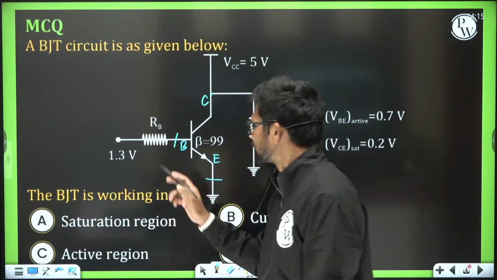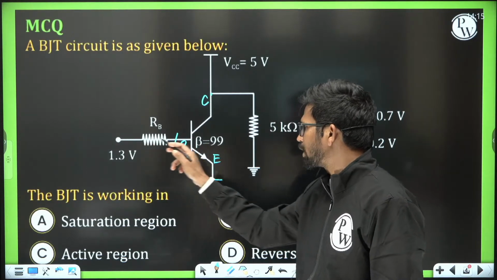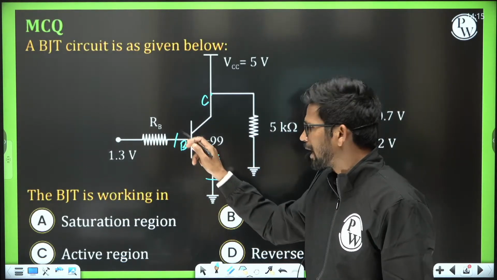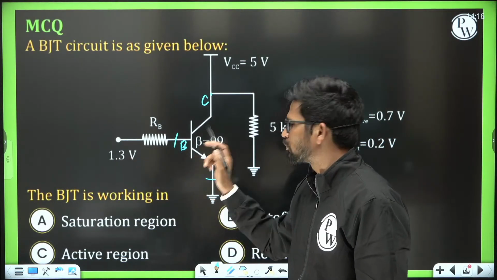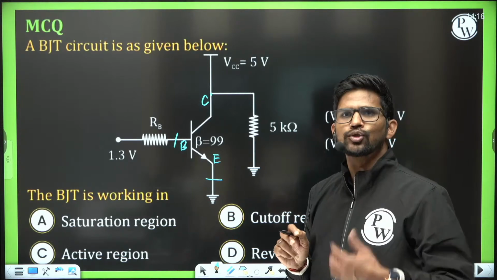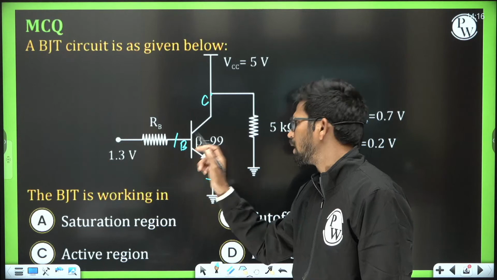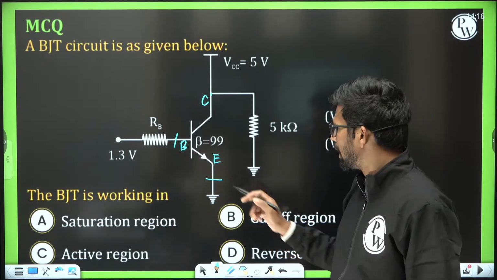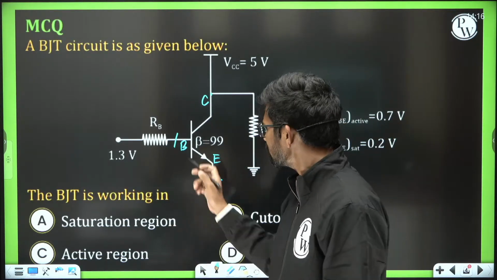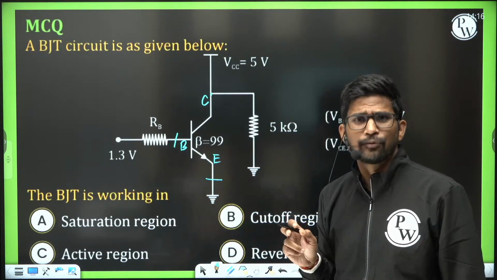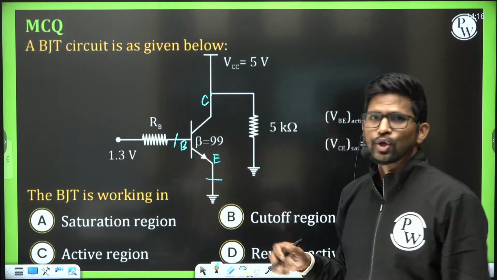If this base is open, then there will be no current through this RB resistance, because this path is open, so no current can pass. So if this voltage is 1.3, definitely this voltage is also 1.3, since there is no voltage drop across RB. Emitter is directly connected to ground, so this voltage is definitely 0. So what is the value of VBE in the open circuit case? That is 1.3 minus 0, which is 1.3 volt.